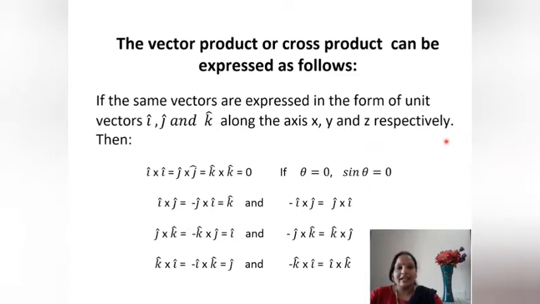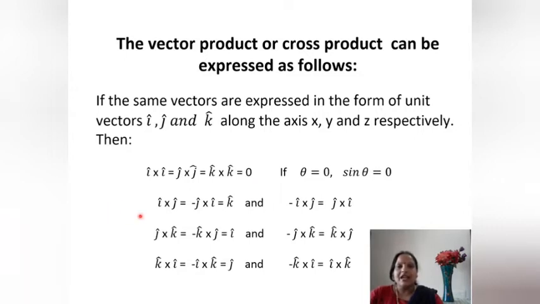Then we can write i cross i is equal to 0, j cross j is equal to 0, k cross k equal to 0, because theta equal to 0 and sine 0 is 0. Therefore, i cross i equal to j cross j is equal to k cross k is equal to 0.